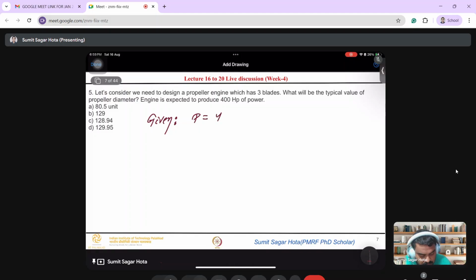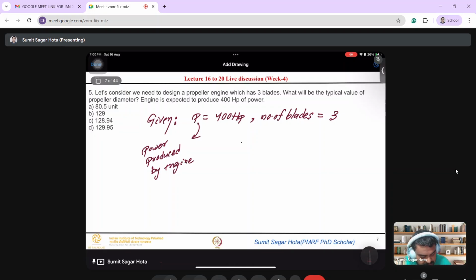P is equal to 400 horsepower, where P is the power produced. Number of blades is equal to 3.